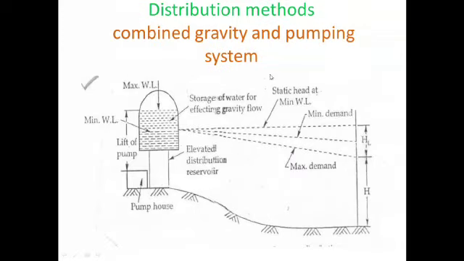And in the combined gravity and pumping system, the water after treatment will be pumped and stored in the elevated distribution reservoir, and finally through gravity it is distributed in the distribution network. So compared to the other two methods, that is only the gravitational method or only the pumping method, this combined gravity and pumping system is more advantageous and it is universally adopted.